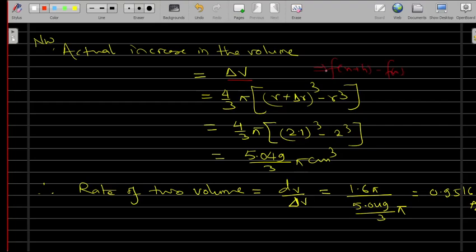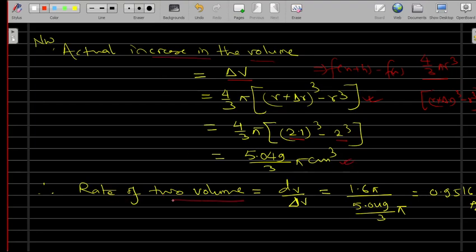We know this form. 4/3 π is common, (r+Δr)³ minus r³, because the volume is 4/3 πr³. So putting the values, r+Δr is 2.1 cube and r³ is 2 cube. By the calculation, 5.049/3 π centimeter cube is the actual increase in the volume.